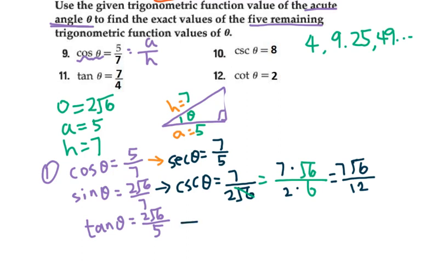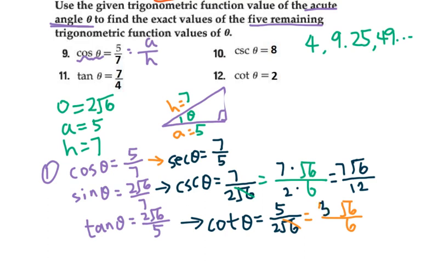Then from tangent, you will get cotangent theta equals 5 over 2 square root of 6. Then simplify. Square root of 6 over 6. Then I have 5 bring down over here, and then 2 bring down here. So your final answer will be 5 square root of 6 over 12.